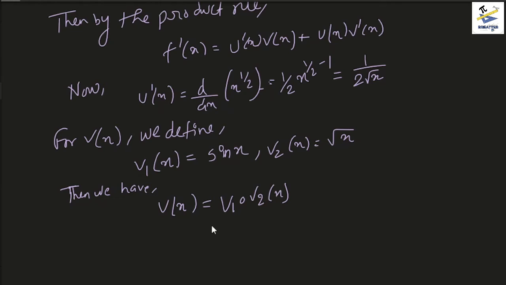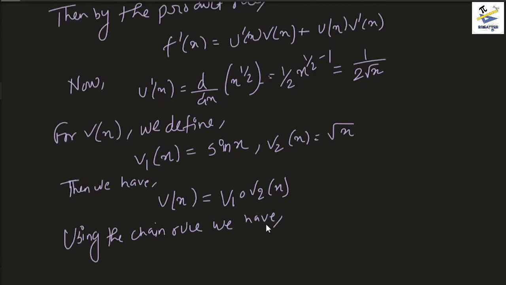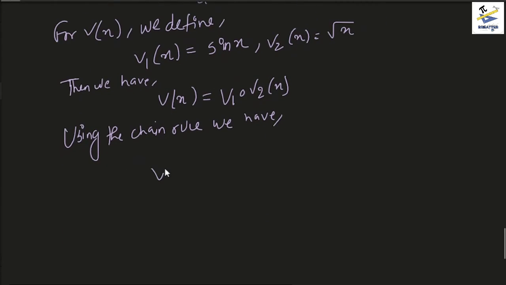Now, using the chain rule, we have v prime of x equals v1 prime of v2 x into v2 prime of x, right?